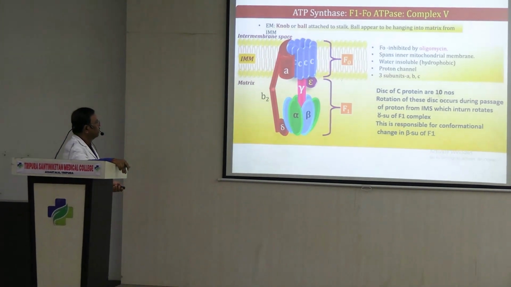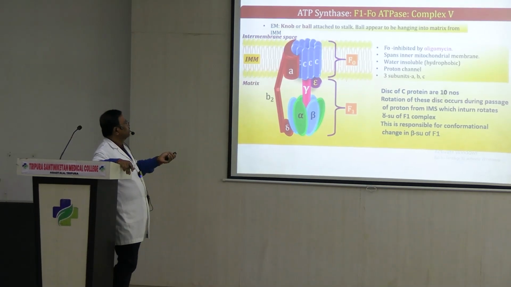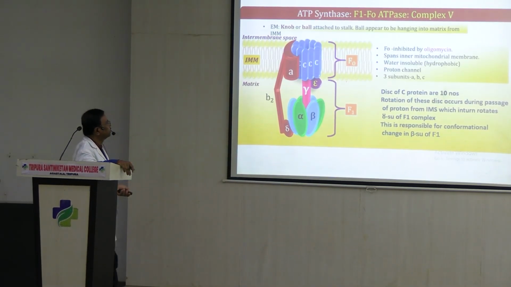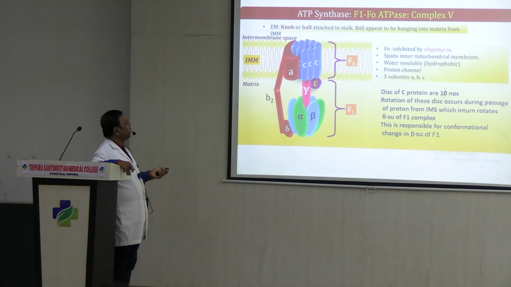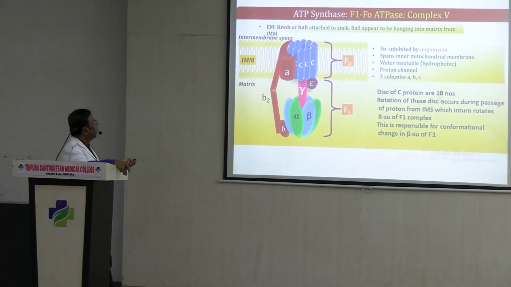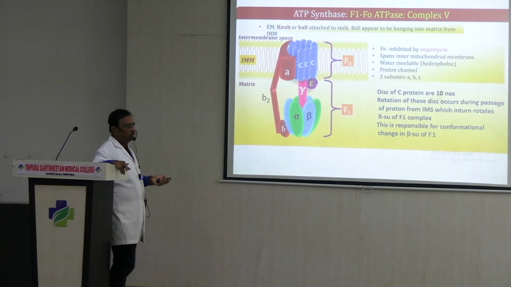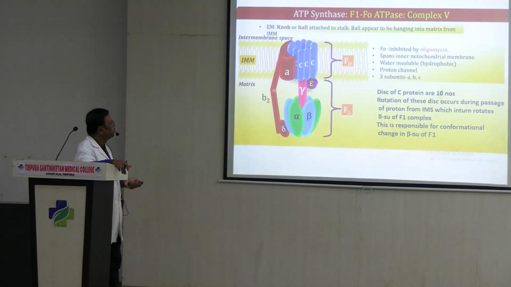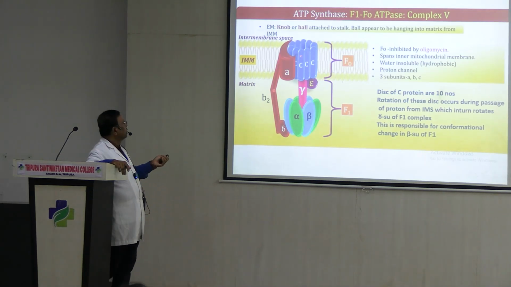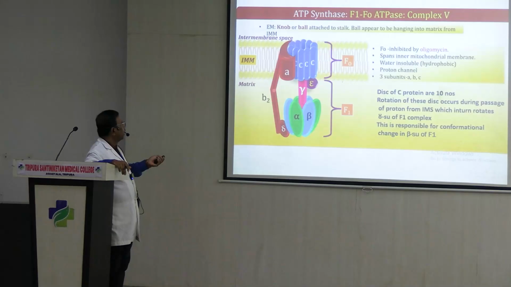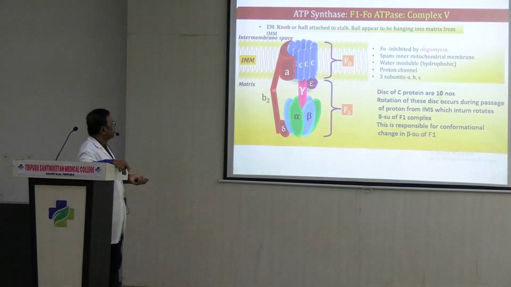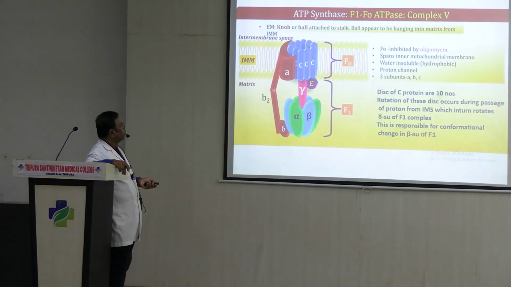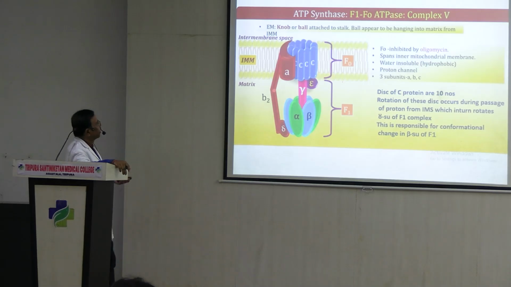And F1 we'll see later on. So the characteristic of this subunit is that FO is inhibited by oligomycin. It spans the inner mitochondrial membrane. It is water insoluble, hydrophobic, that's why it can span the membrane, because the membrane core is hydrophobic.